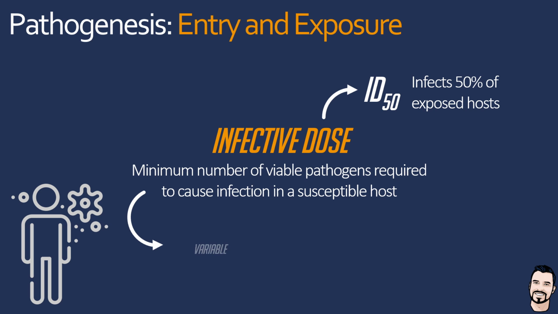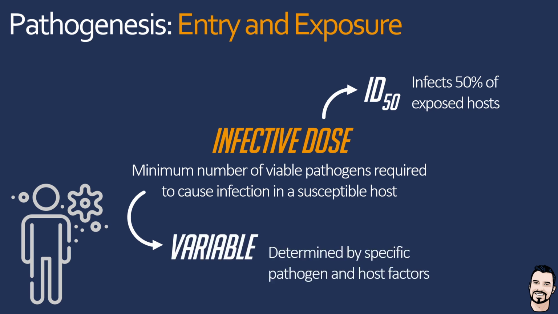Now, it is important to stress that infective dose is not a fixed value. It isn't just a property of the pathogen alone, but of the interaction between the pathogen and the host. And so on the pathogen side, infective dose is influenced by virulence traits such as toxin production, capsules, and adhesins.